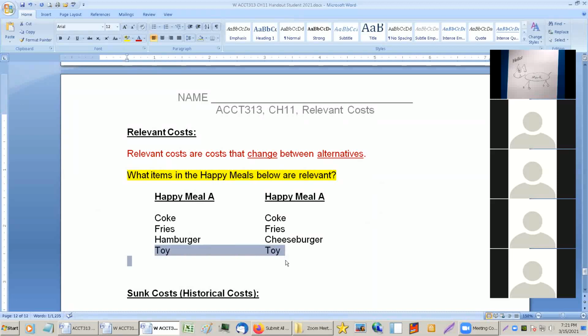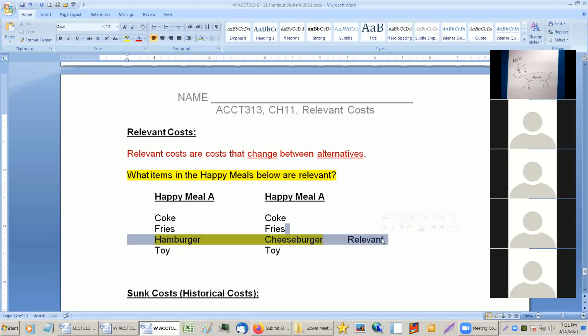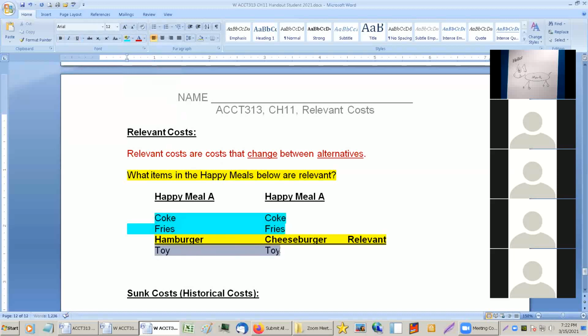Would it be the hamburger and cheeseburger that are different? Yep, this is it. All the rest of these are not relevant, because they're the same.